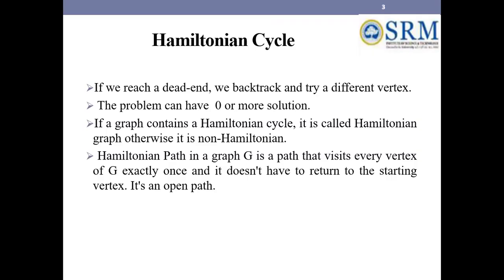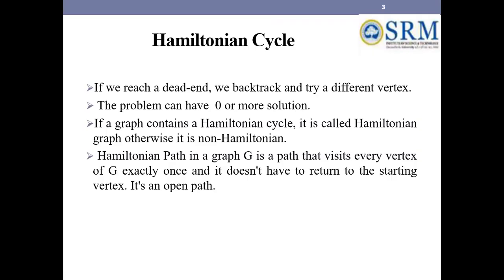So this type of problem can have zero solutions or more solutions. For some problems, there is no solution. For some problems, we have more than one solution. And if a graph contains a Hamiltonian cycle, it is called a Hamiltonian graph. Otherwise, a non-Hamiltonian graph.